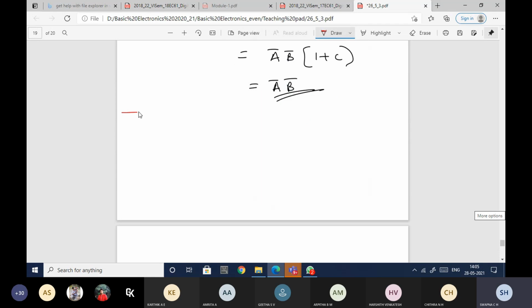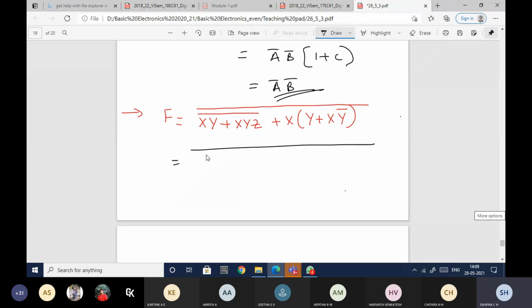So the problem is F is equal to, note down the question correctly first, xy plus xyz complement plus x into y plus x y bar, only bar is for y, whole complement. And here in between these two terms, it is for whole bar, right?